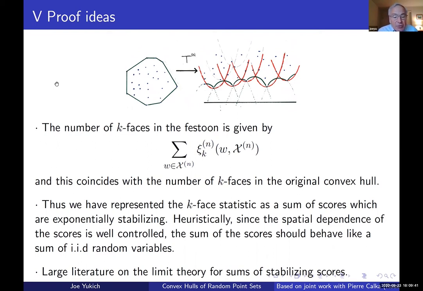There's a large literature on the limit theory for sums of stabilizing scores. And here we have an example of a stabilizing score in the context of statistics of convex hulls. So now we can bring to bear some of the theorems dealing with sums of stabilizing scores.